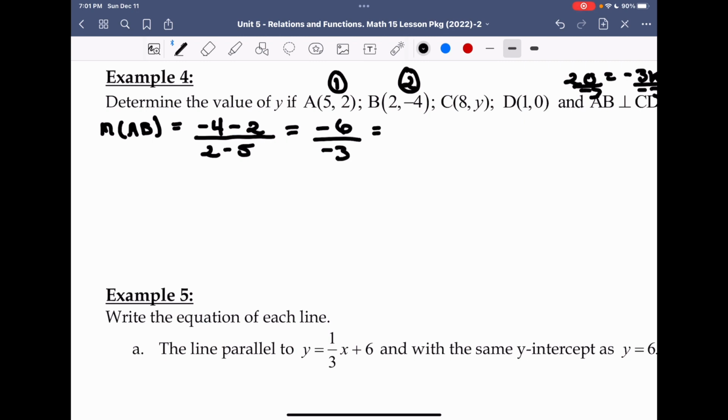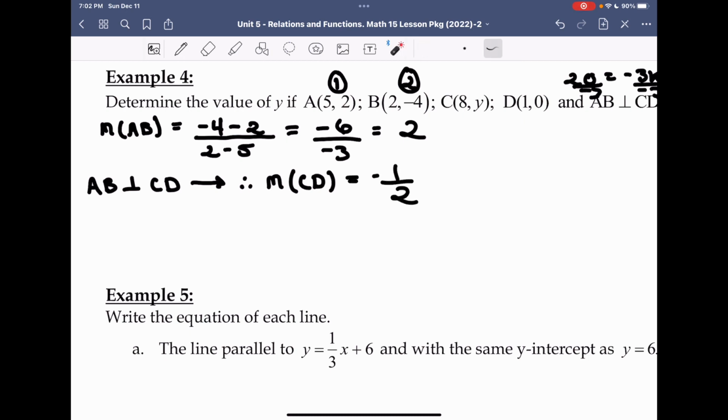This gives me a slope of positive 2. Now, if I know that AB is perpendicular to CD, that means the slope of CD is equal to negative 1/2, because I take the reciprocal of 2, which is 1/2, and then assign a negative here, which gives me a negative 1/2.